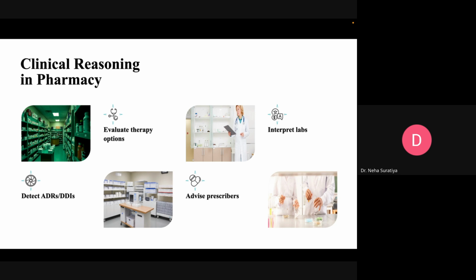But I will tell you the correct way to approach. Don't worry, we will cover everything. You should be aware of these concepts before clinical decision making: evaluate therapy options, interpret laboratory results, detect adverse drug reactions, and advise prescribers.